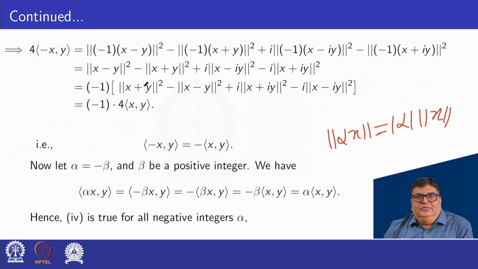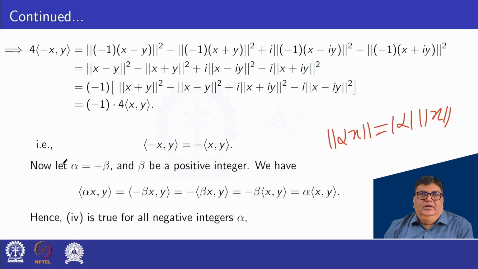Now taking minus 1 common, we can write this as this one, and this is here, and this is here. After taking the minus 1 common, this can be written as minus 1 into 4 into inner product of x, y. So 4 and 4 cancel out, and we have inner product of minus x, y equal to minus inner product of x, y.